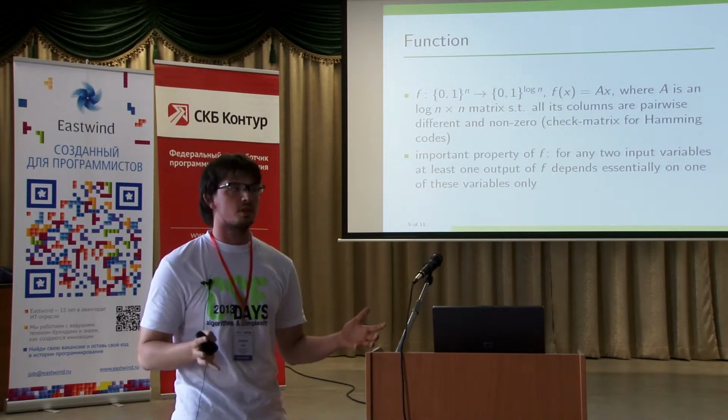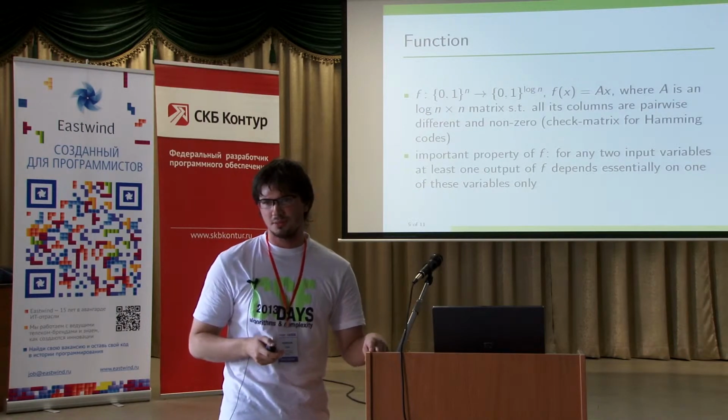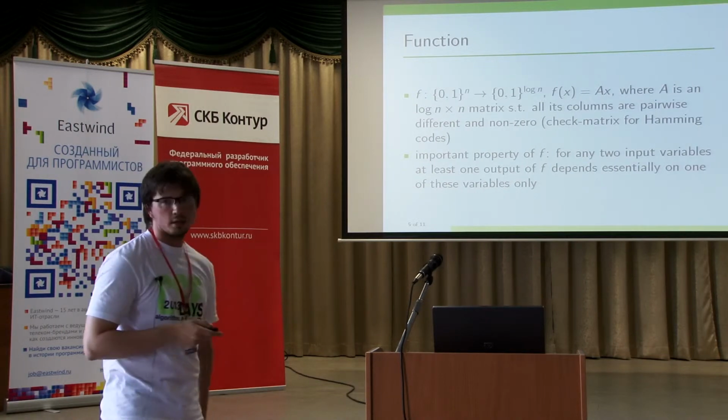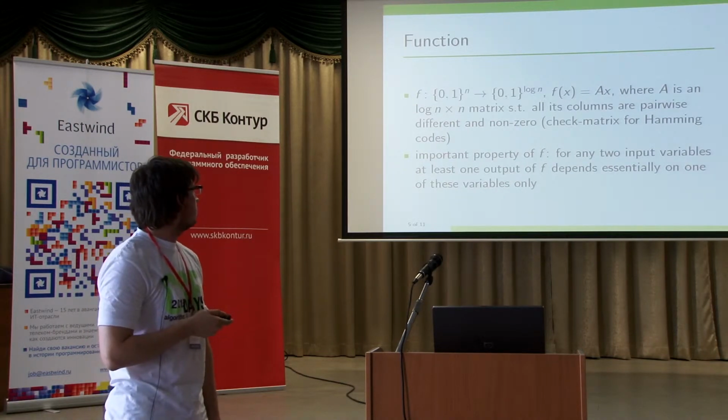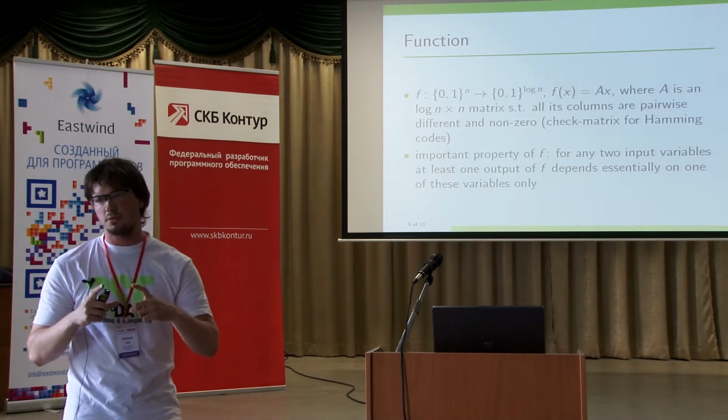The set of linear functions is very well describable by a matrix. So we introduce the matrix n by log n, and we want all columns to have some Hamming differences.